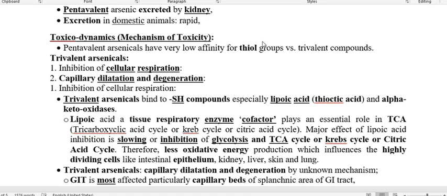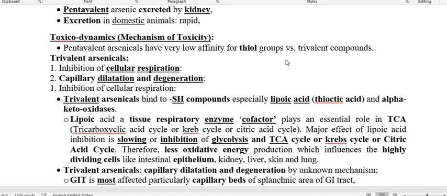The Krebs cycle is in the mitochondria, where cellular respiration occurs, so it hinders cellular respiration. The final product of cellular respiration is ATP, so it results in less ATP production, in a nutshell. Now we have to go through it one by one.